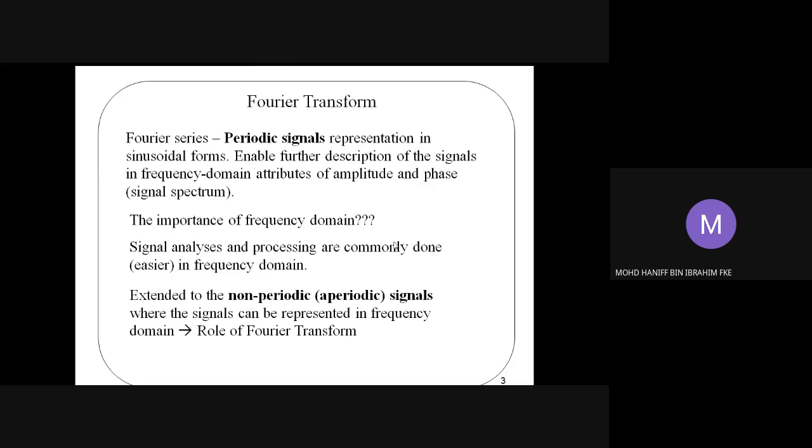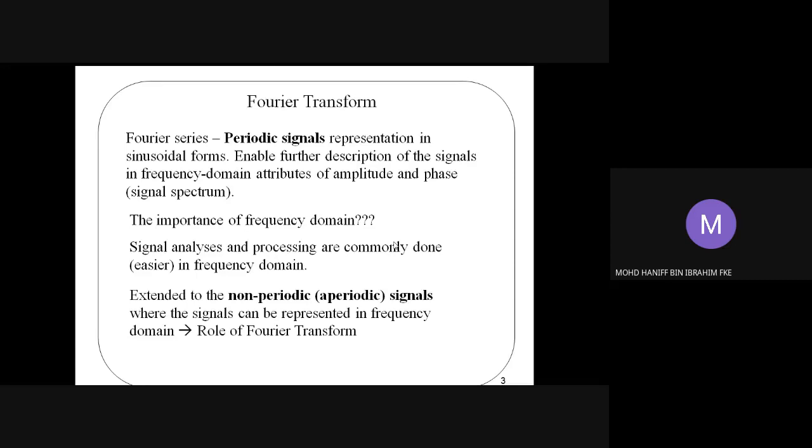So let's say, for example, a signal x(t). In the x(t) signal, we can know how many frequencies we have, and we can know the amplitude and also the phase of these frequency components. In other words, the Fourier series, or the spectrum, is a way of representing the signal in terms of its frequency components.